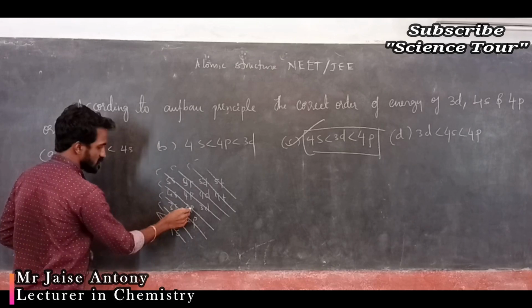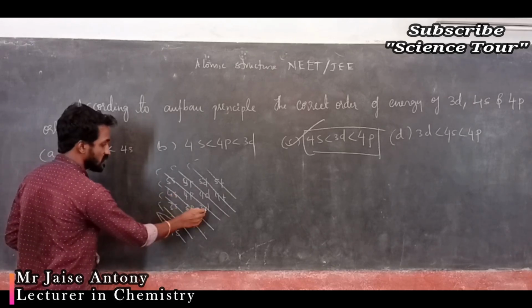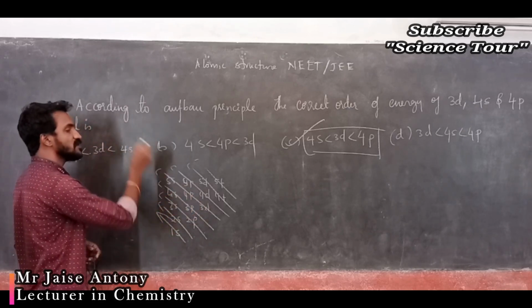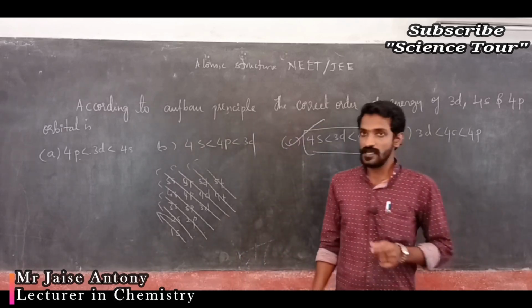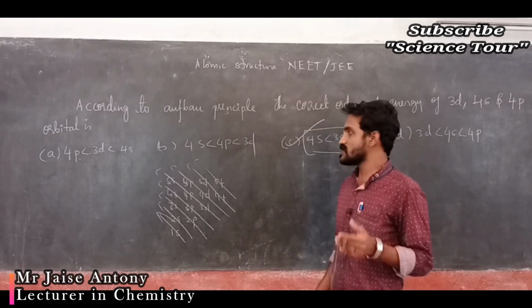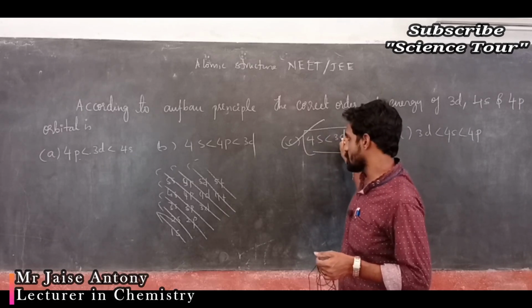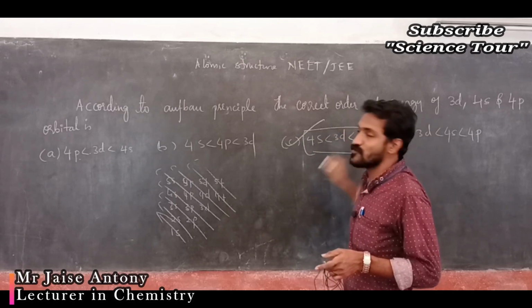See 1s, 2s, 2p, 3s, 3p, 4s, 3d, 4p. So after 4s comes 3d, then 4p, then 5s. That means the electron enters the lowest energy orbital first. 4s is the lowest energy orbital compared to 3d. So it enters 4s first, then 3d, then 4p.